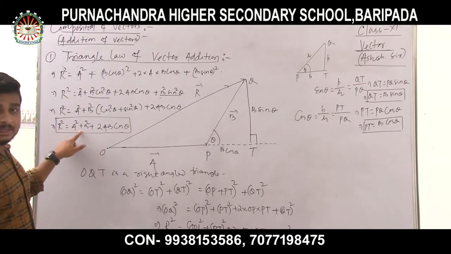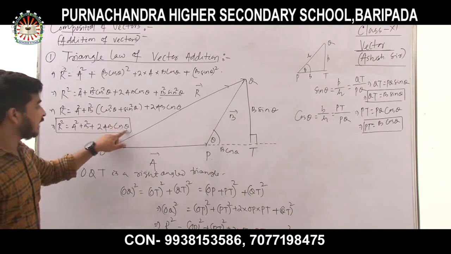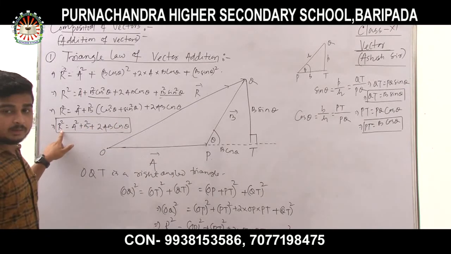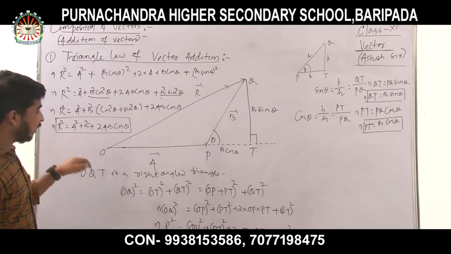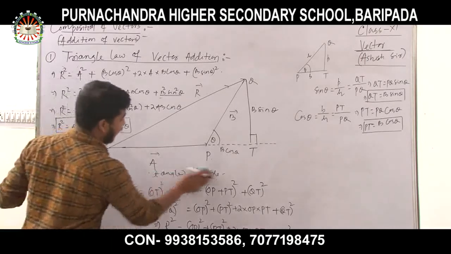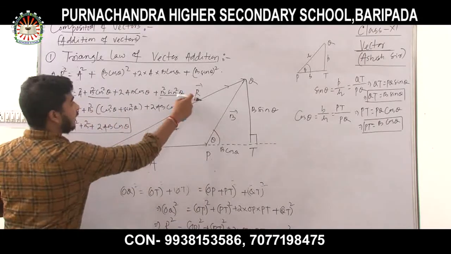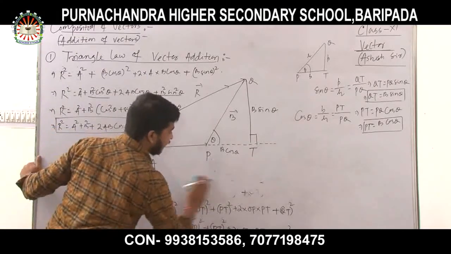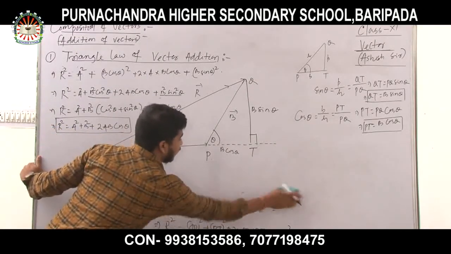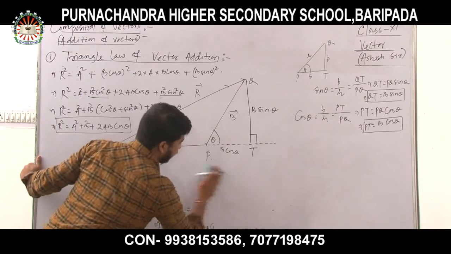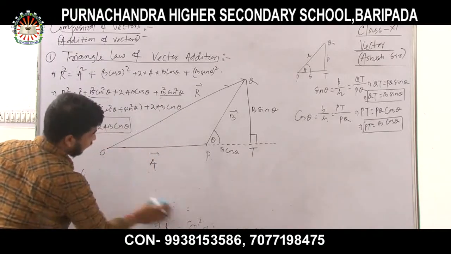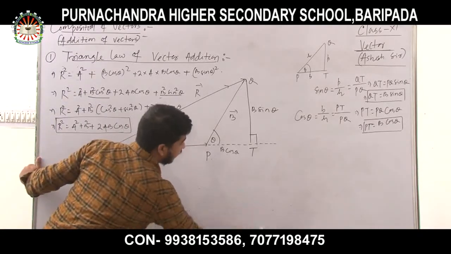Now the value of A is given, B is given and theta is given. You can find the resultant vector, and this is the expression for the magnitude of the R vector.